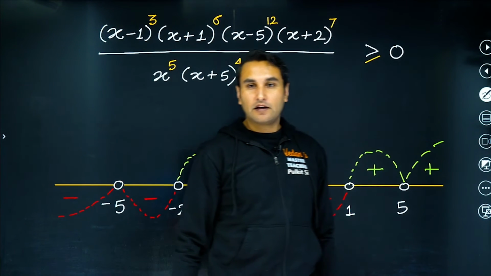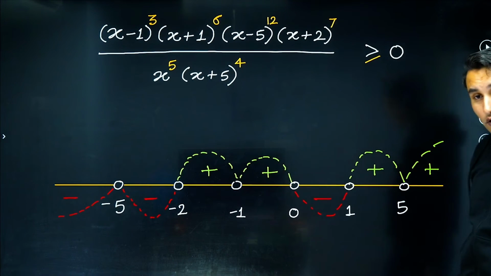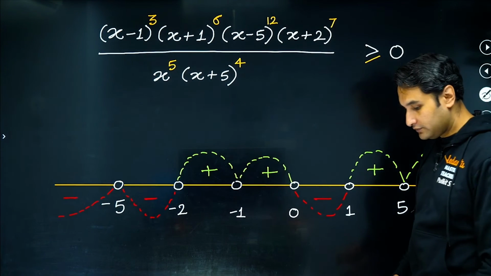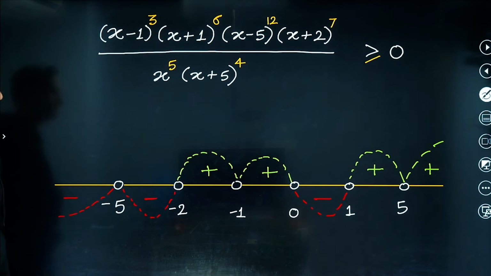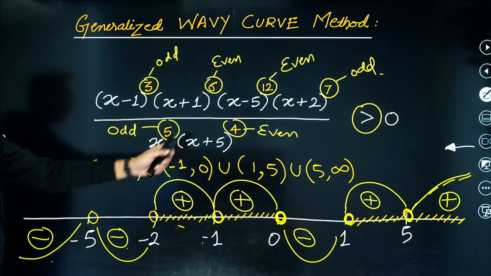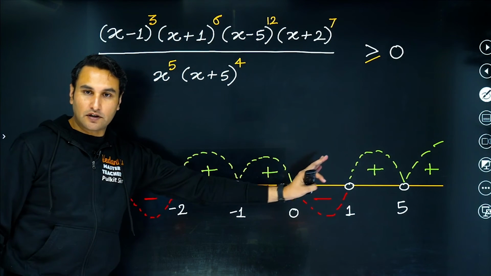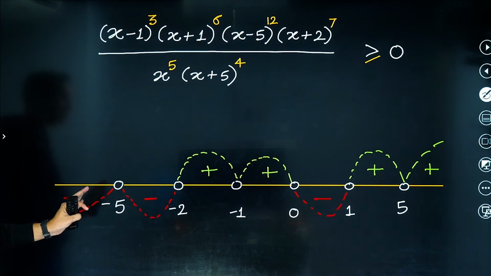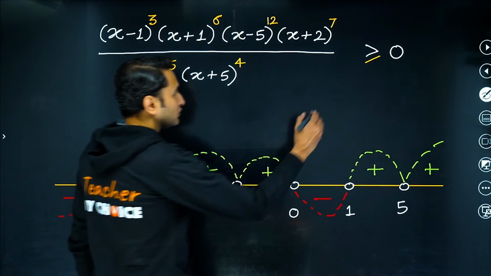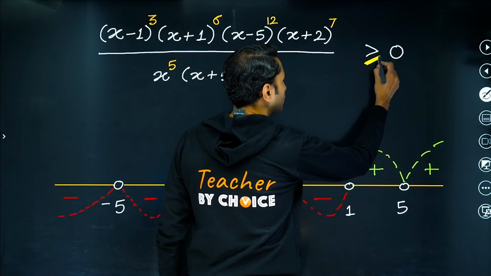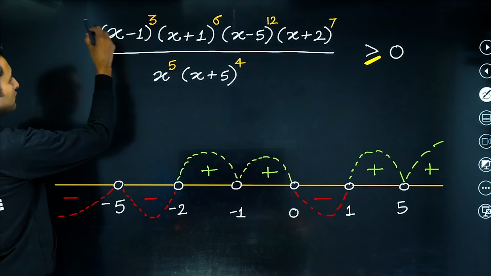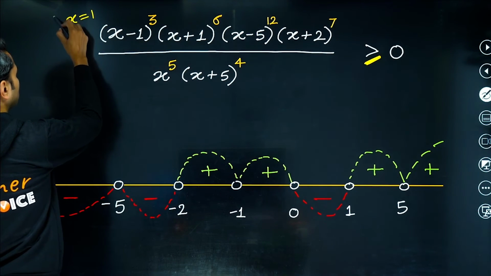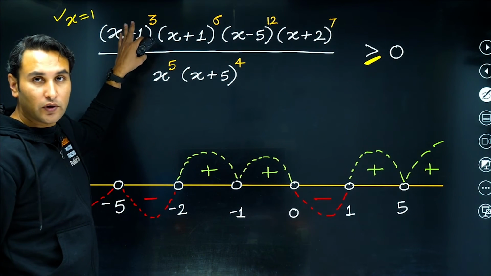Got it? But if the question was greater than or equal to 0, what will happen? Same question, exactly the same wavy curve, but for equal to 0, the only change is that I can include x equal to 1. Wherever the numerator is 0, I can include.